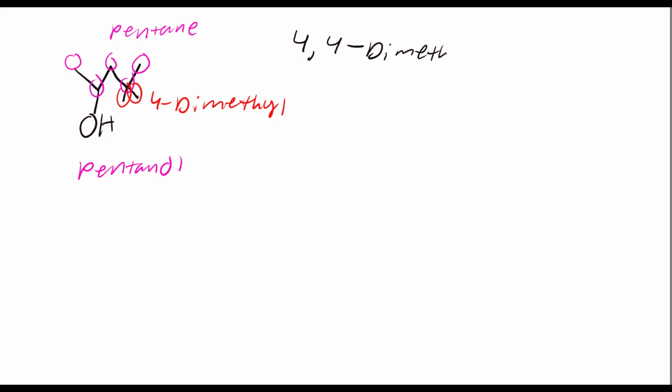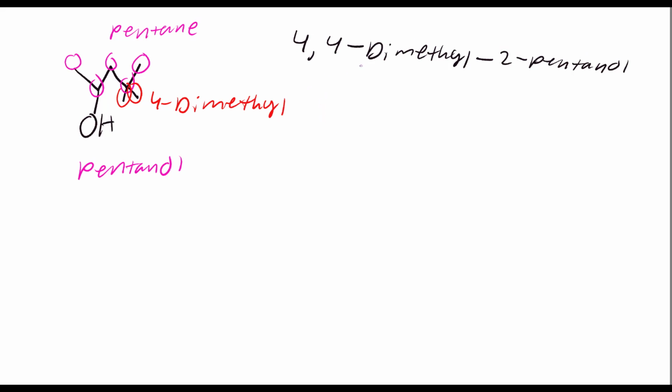Dimethyl. That tells me there are 2 things on the carbon, and they're both methyl groups, because they're di, right? So 4,4-dimethyl, don't forget your comma, dash 2-pentanol.